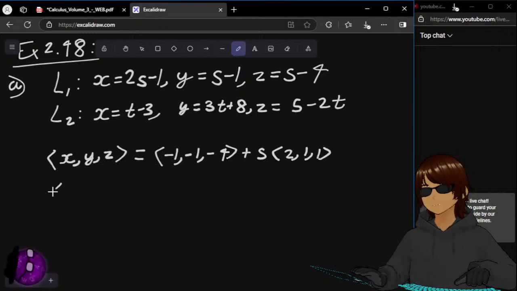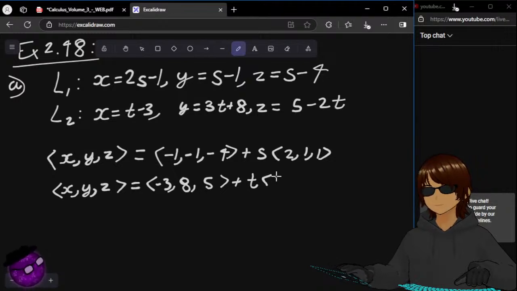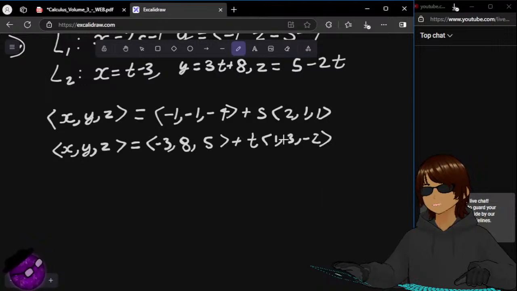For line 2, I have minus 3, 8, 5 plus t times 1, 3, minus 2. So it doesn't look like they're parallel, and it doesn't look like they would share a common point.